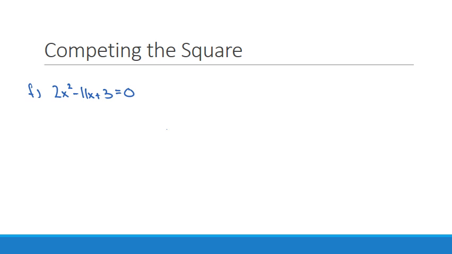Okay, so step 1, we're going to divide again. Divide by A. The reason we're going to divide by A is that I want my A value to be 1 once I'm done with this.